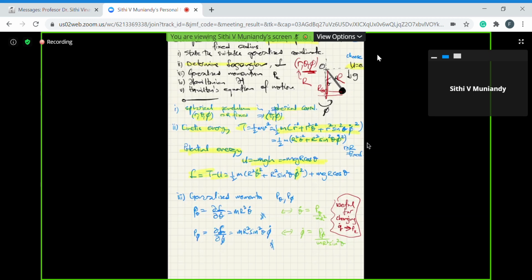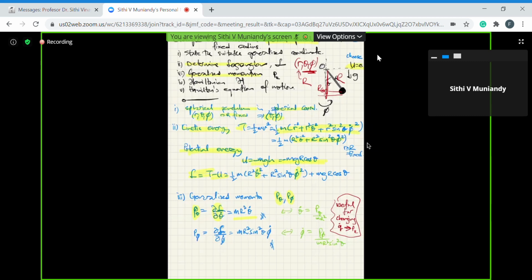So again, what are the generalized momenta? Because there are two variables, you have two momenta. The momentum with respect to theta is this, and you can calculate it quickly from this term.